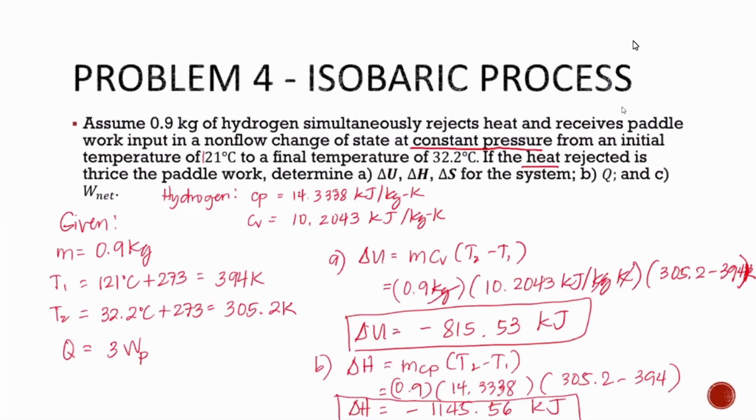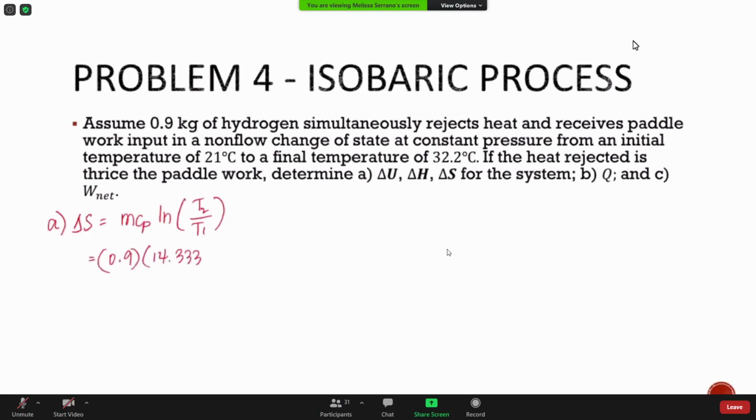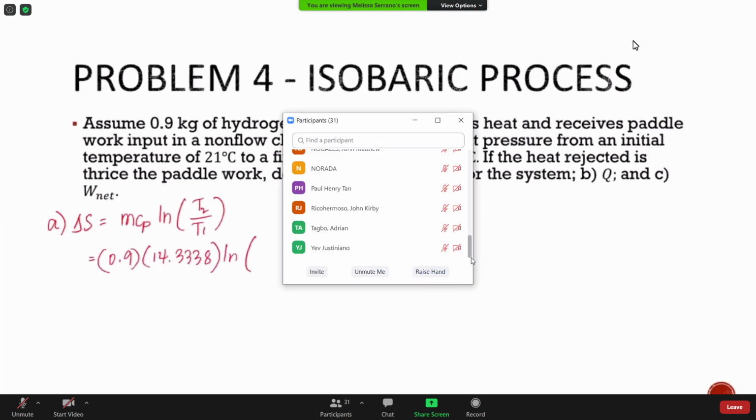Okay, and the delta S. Letter A pa lang pala ang sinasolve natin. Okay, the delta S for the change of entropy. Delta S, ang formula natin is M times CP, the natural logarithm of T2 over T1. We have 0.9. Ang CP natin ay 14 times the natural logarithm of what is T2?